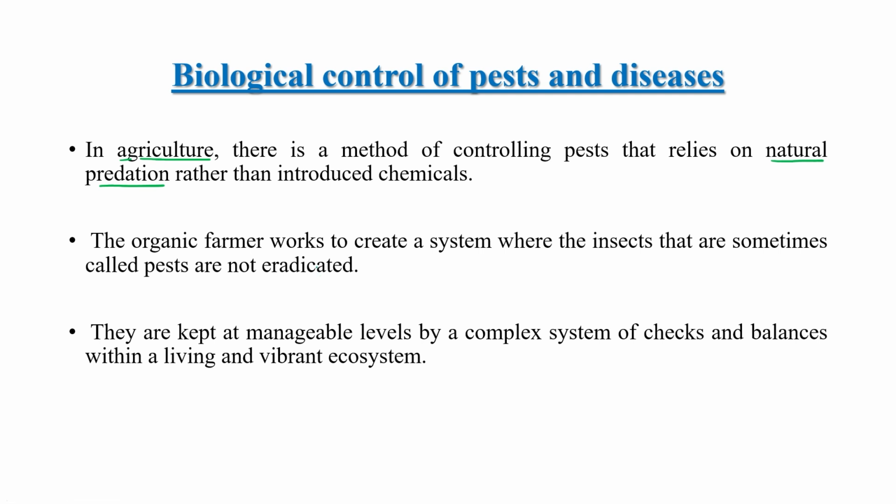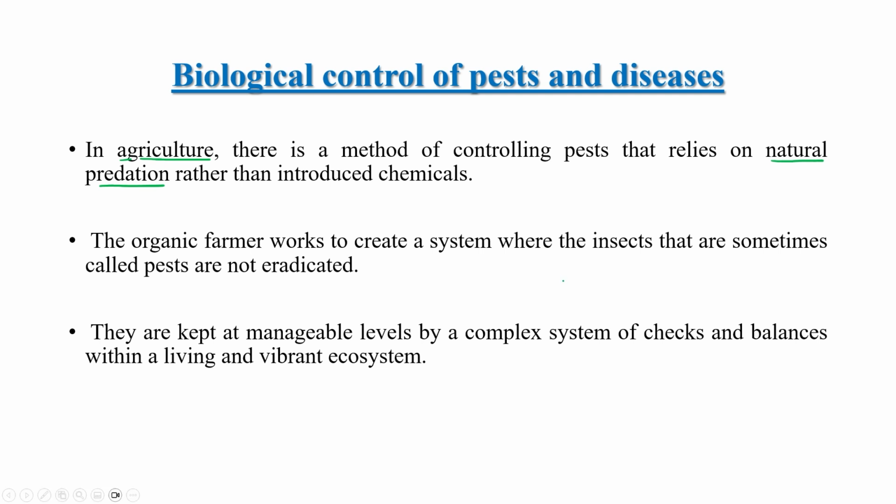Okay, so what will happen in this method? The organic farmers work to create a system where insects that are sometimes called pests are not eradicated. Why? Because sometimes they act as a useful tool. How, we will discuss very soon.